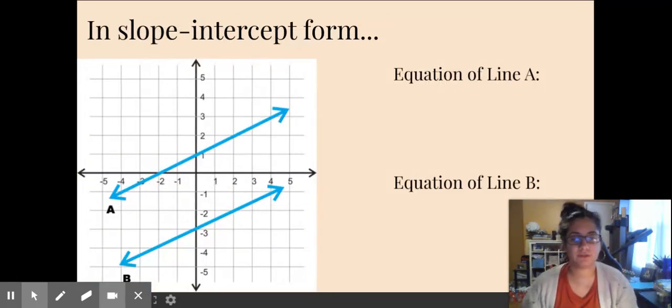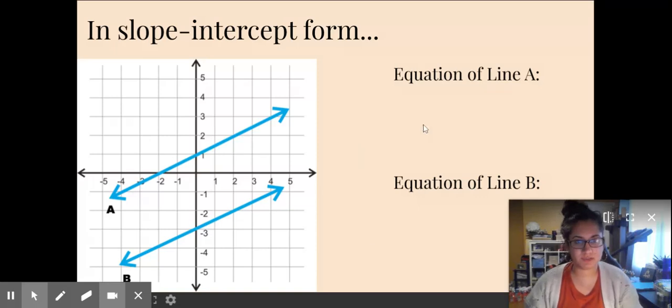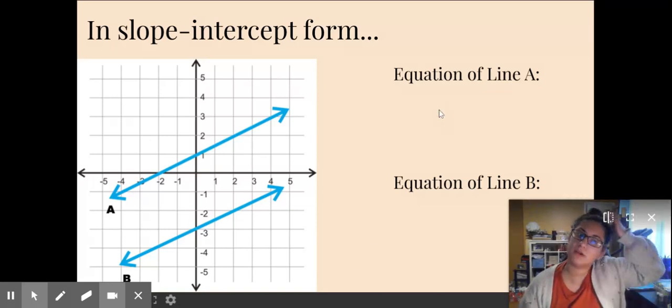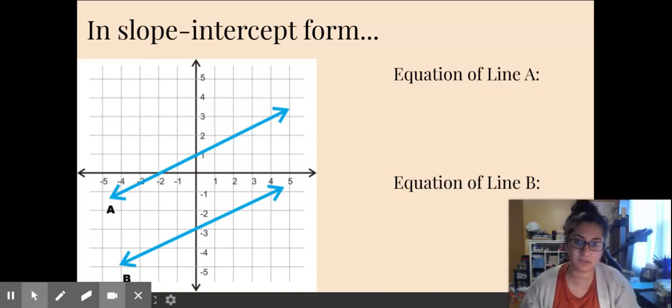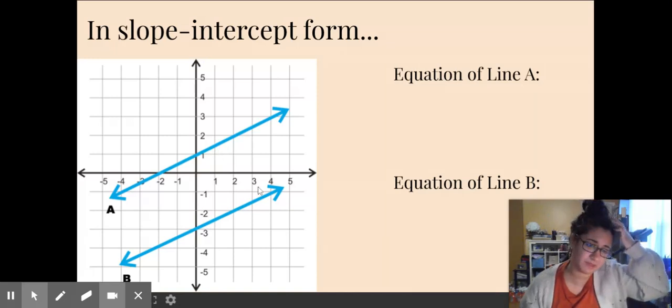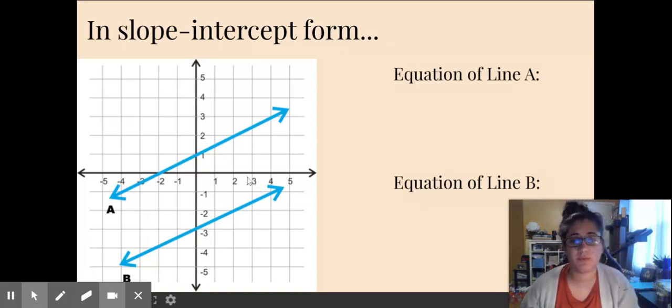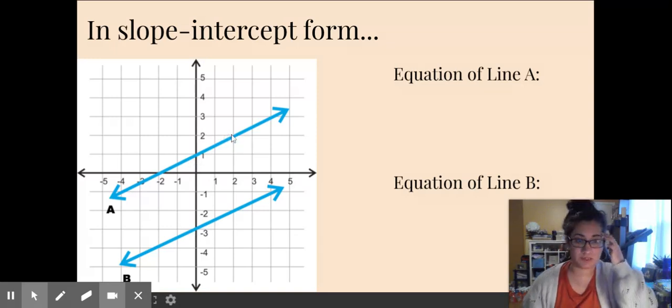And I'm going to give you these notes slides in your Google Classroom, so you can go in here if you want some practice and write the equation of these two lines. You can write them in any of the formats you want. I recommend slope-intercept form because you do have a y-intercept for each of them, and you can use the picture to calculate a slope between the points.